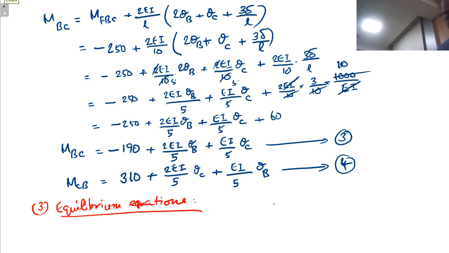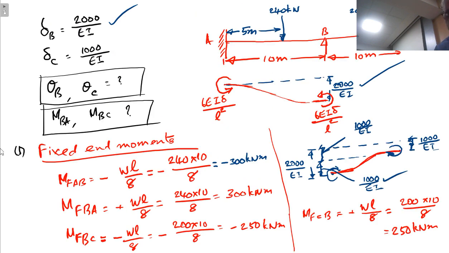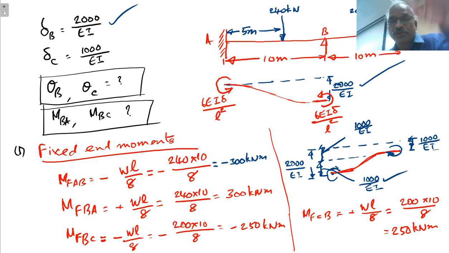Now in this problem we have A as a fixed end, no problem. But now coming to the support B, M BA plus M BC equal to 0. That is one equation. Theta B is one unknown, theta C is another unknown. Delta is given, that has been accounted. And M CB equal to 0 is the second equation, right?